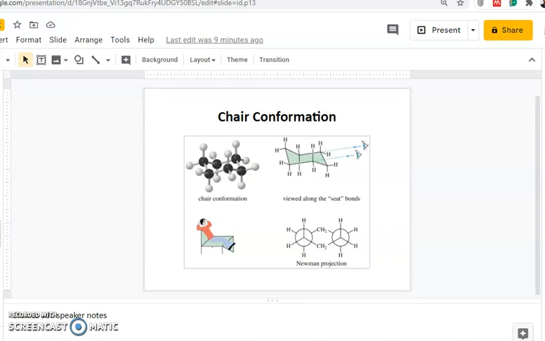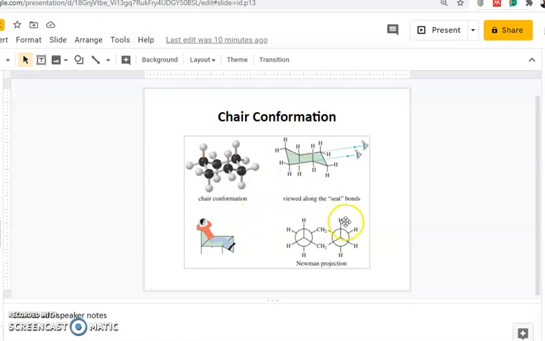You can see carbons 1, 3, 5 are in one plane, slightly above the plane, while the other three, 2, 6, 4, are below the plane. This is the Sawhorse projection formula of the chair form. And this is another view of the molecule: this is carbon number 1, this is 3, and this is 5. Carbons 1, 3, 5 are in one plane, while 2, 4, 6 are in the other plane.